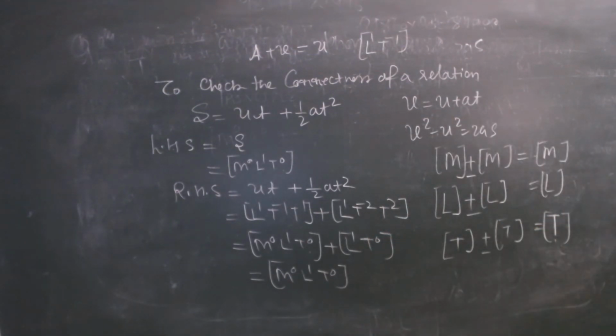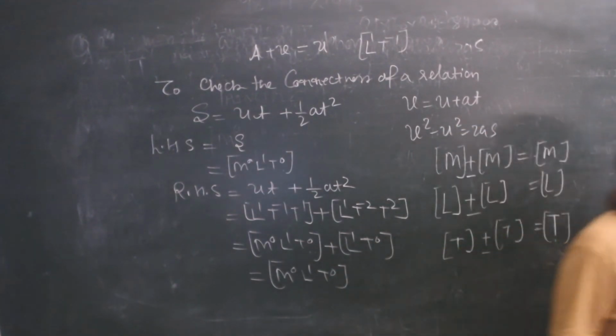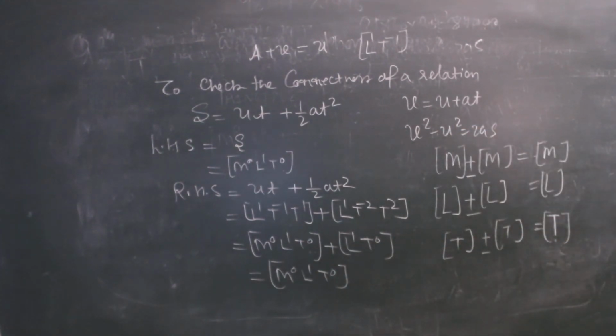We can check V square minus U square equal to 2AS. We can check V is equal to U plus AT. We can check so many concepts using dimensional analysis, right?